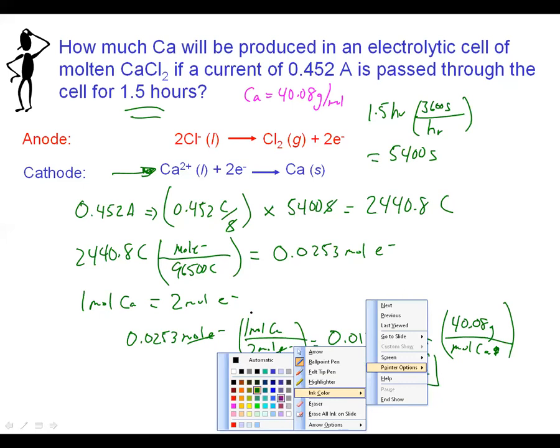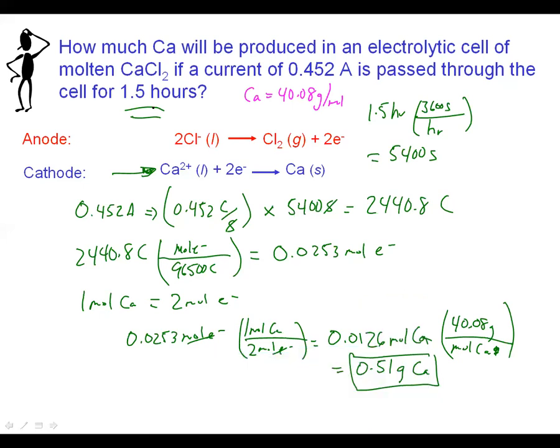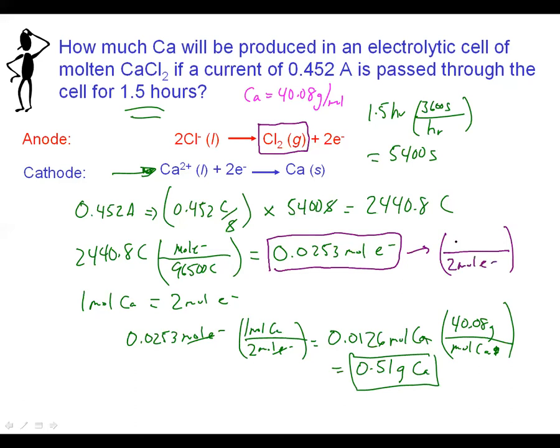Now, in this particular case, we weren't maybe asked about the chlorine, but we might have been asked about something like the volume of chlorine, maybe even the grams of chlorine. So if we were interested in chlorine, again, we could have picked it up from here, used the mole to mole relationship between chlorine and electrons, which is 2 moles of electrons per mole of chlorine.